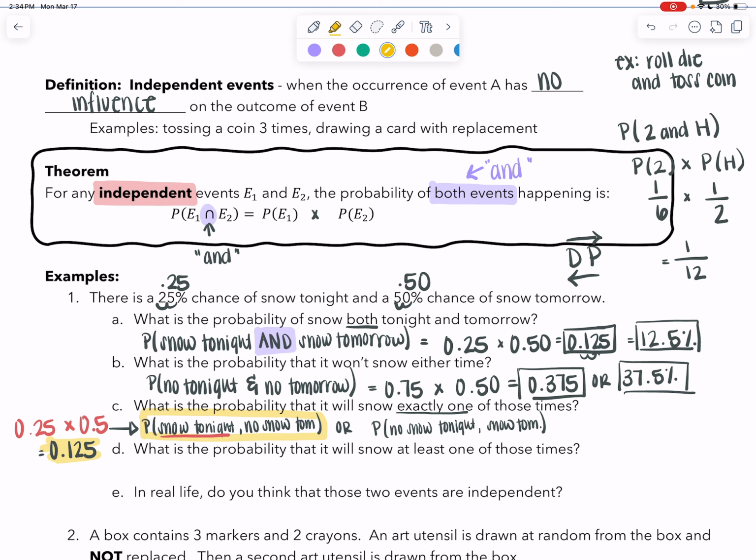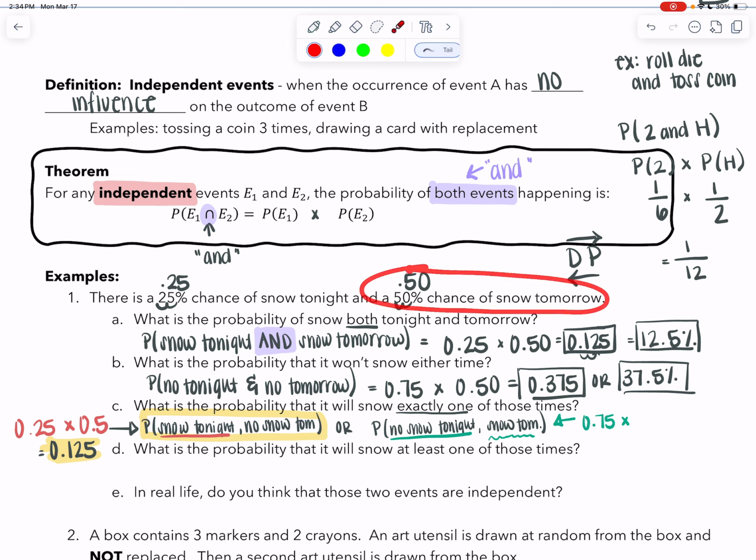The other scenario would be no snow tonight, yes snow tomorrow. So let's now find those numbers. All right, probability of no snow tonight. So 0.25 chance of snow tonight, so then no snow would be 0.75, times the probability of snow tomorrow.